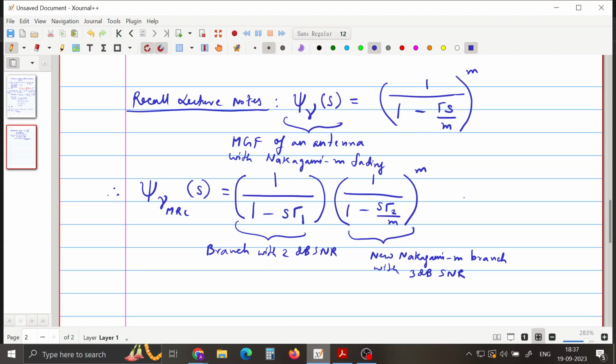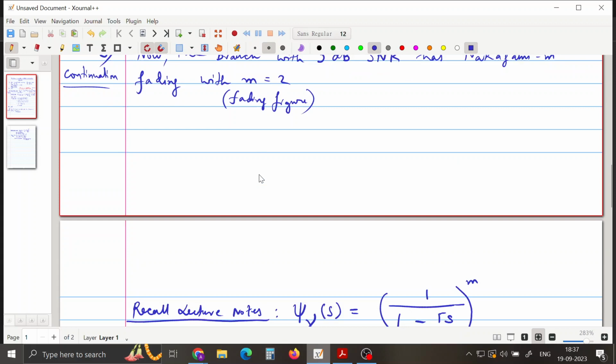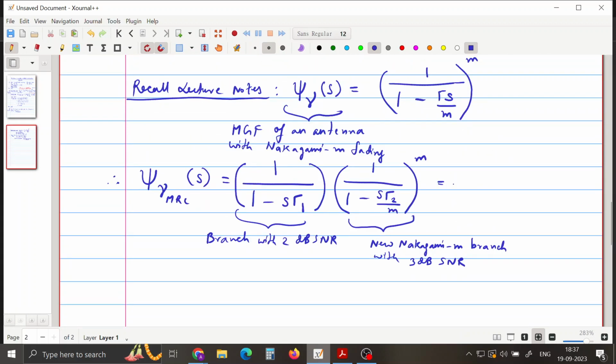Now what was this small m? It was given that small m equals 2 in the question. So what you have is 1 by 1 minus s times gamma 1 times 1 by 1 minus s times gamma 2 by 2, whole square.